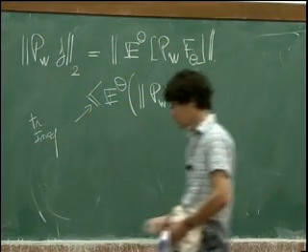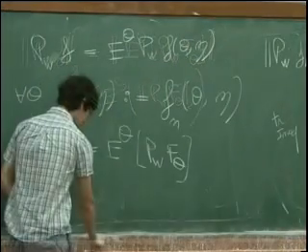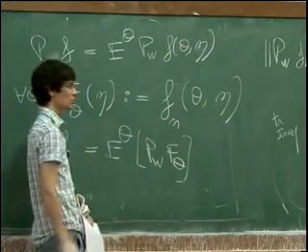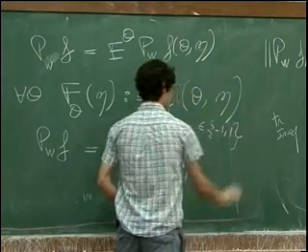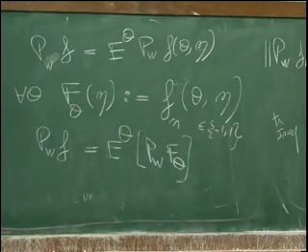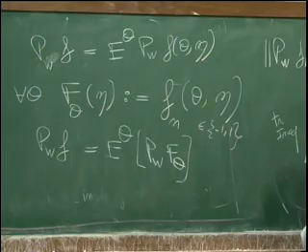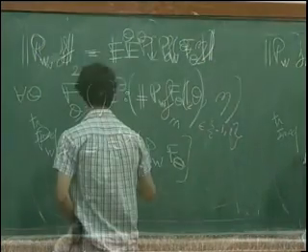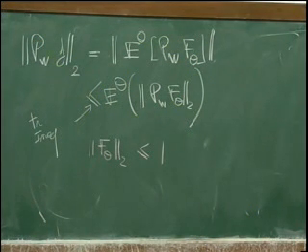So now we need to notice the following. This function is built from the Boolean function here, so it has to be in -1, 1. f was in -1, 1, also f of theta. So in particular, the L2 norm of this is less than 1. Well, in fact, it is 1. Now you have a projection.